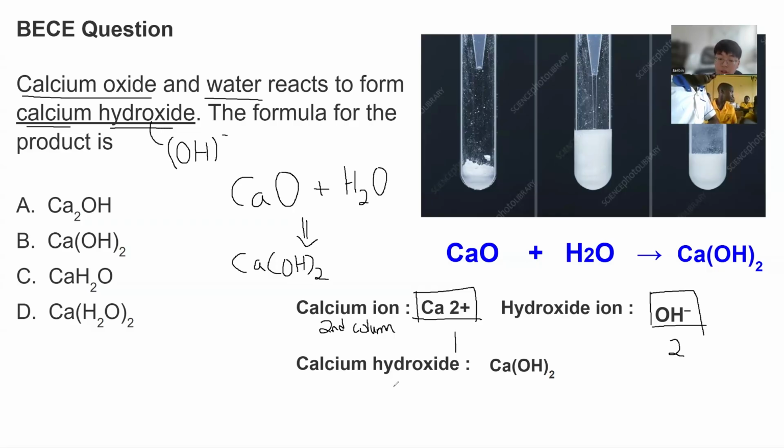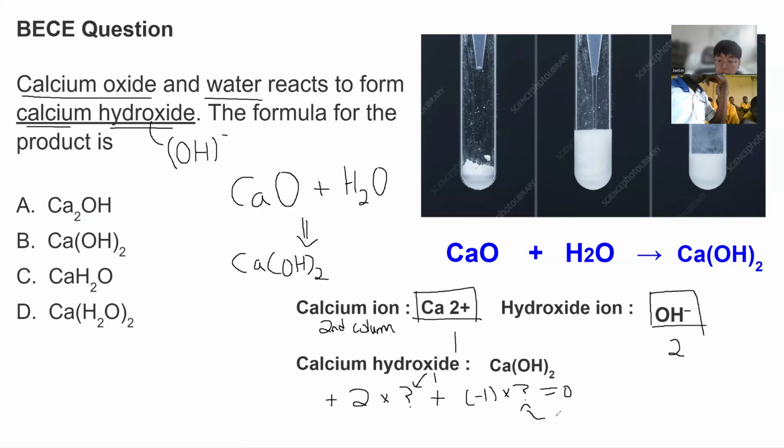So we are basically saying +2 times what, plus -1 times what, is equal to 0. For calcium, we just fit in 1 in the blank.